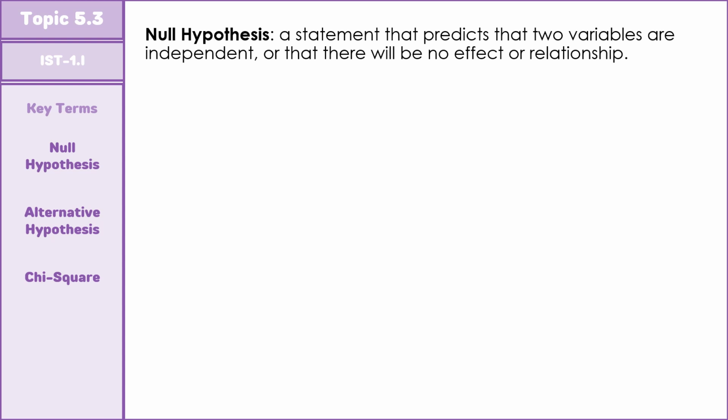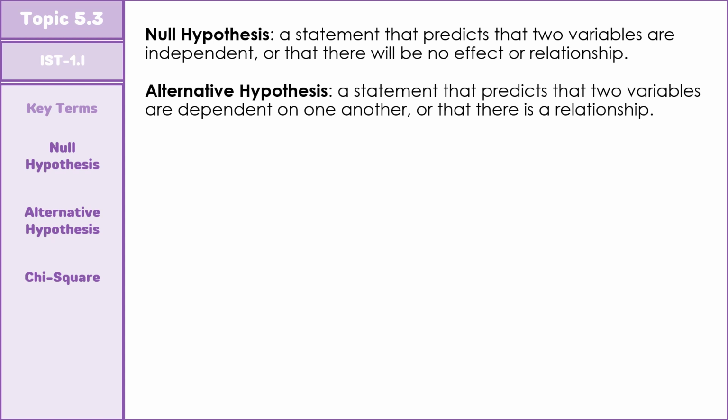Everything is 100% random. And then we have the opposite of that, which is the one that we typically think of when it comes to a hypothesis. And this is a statement that predicts the relationship between two variables, either positive or negative.